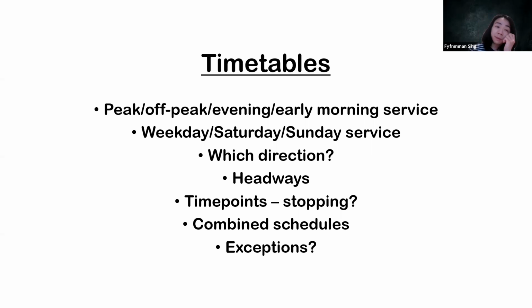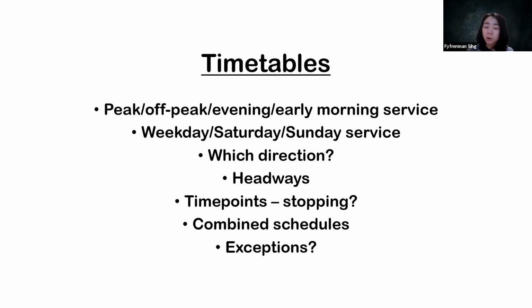And those are given by the designations of peak, off-peak, evening, and early morning. So peak service is a heightened level of service. Transit comes more frequently during the rush hour, both the morning rush hour and the afternoon rush hour.